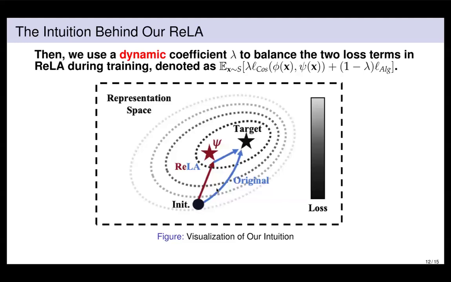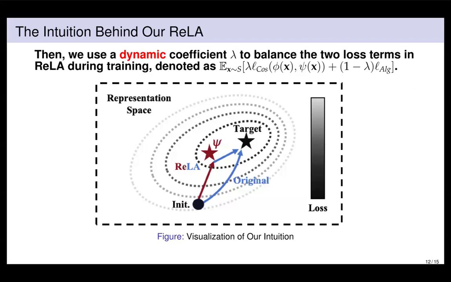But for our RELA, when we introduce the dynamic coefficient, the training stage can be divided into two stages. In the first stage, or the early stage, the lambda is close to 1. So the 1 minus lambda is close to 0.